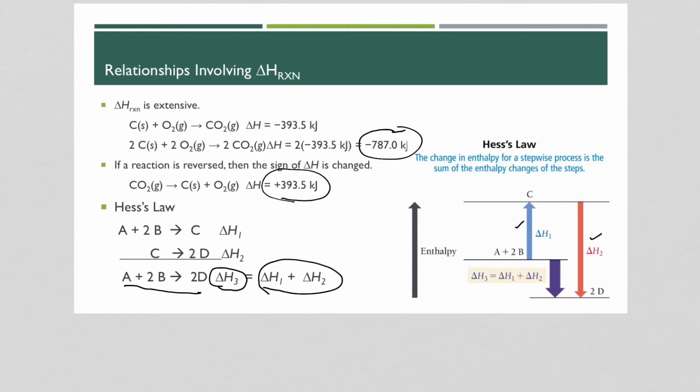The overall enthalpy change is just the sum of 1 plus 2. So the 2 steps equal the 1 overall step. That's basically what Hess's law says. So they're additive, right? If we sum up multiple reactions to get to an overall reaction, the enthalpy of the overall is the sum of the enthalpy of the individual processes.